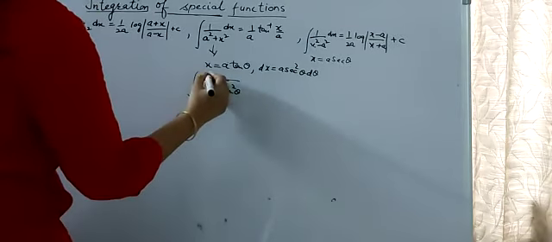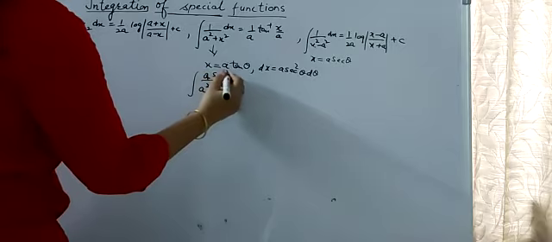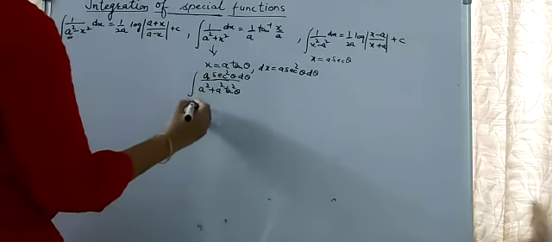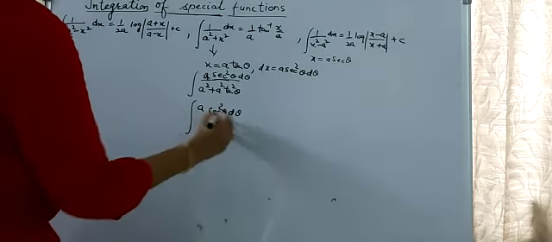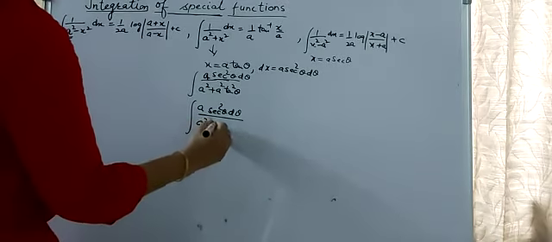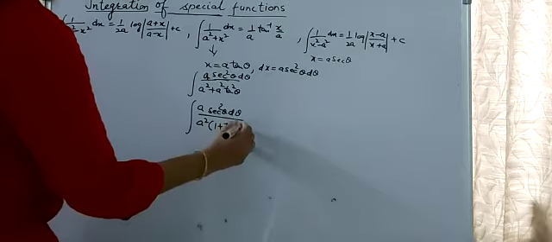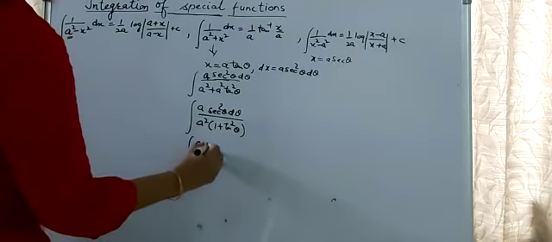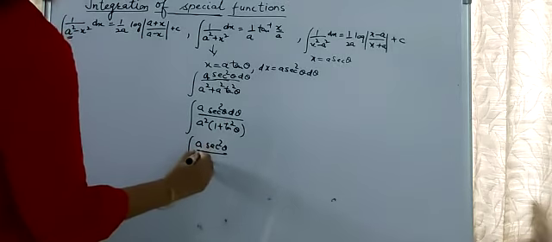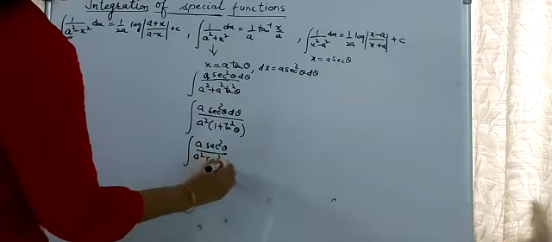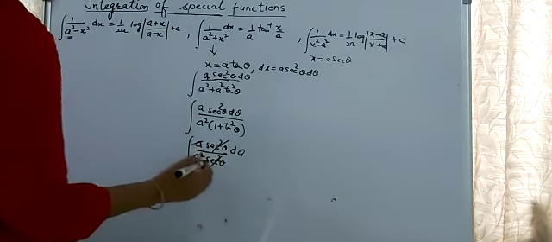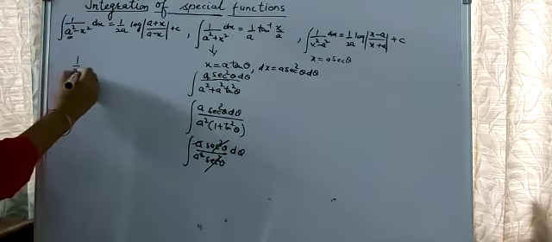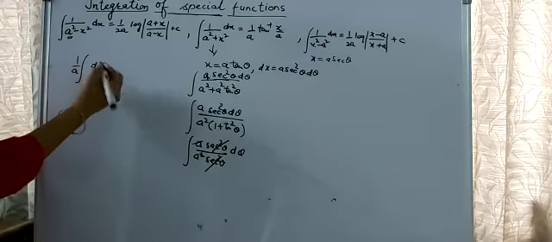So in the numerator you will get a secant square theta d theta, upon a square common, 1 plus tan square theta, which is secant square theta. Secant square is cancelled with secant square, a is cancelled with a, so you will get 1 upon a d theta.